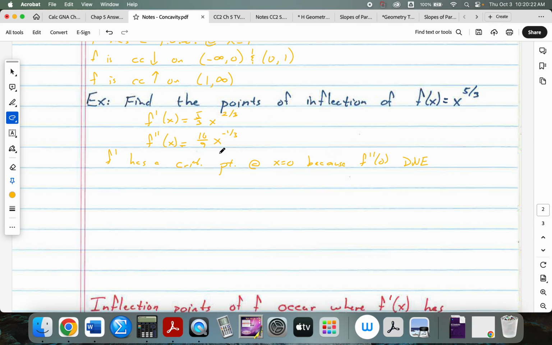Because that would be a 0 in the denominator. So our only dividing line that we're going to look at is going to be at 0.